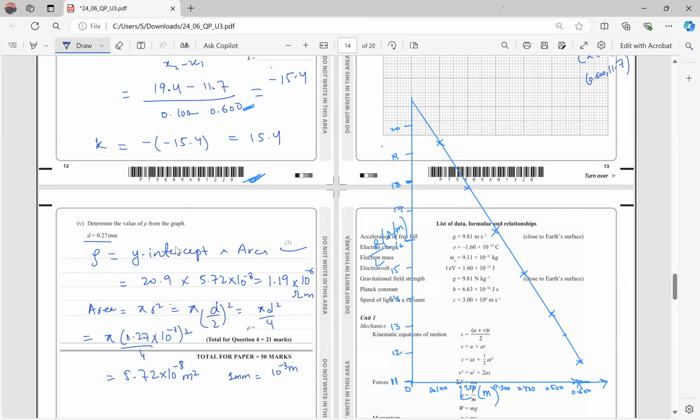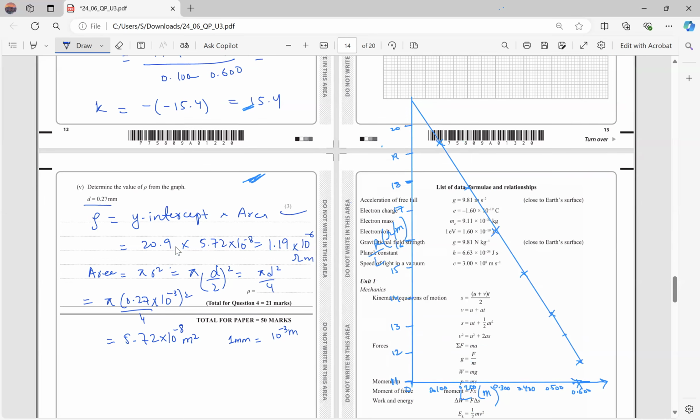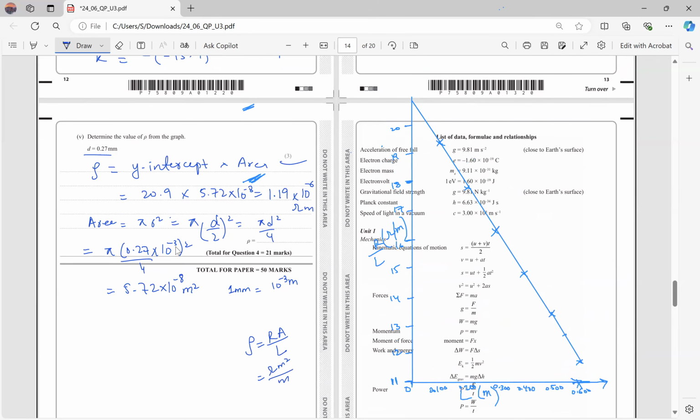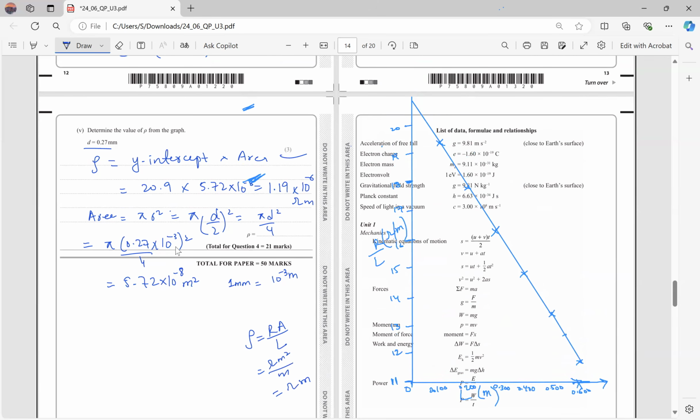Why? Because that's the unit of resistivity. Resistivity's formula is resistance times area over length. So it's ohms meter squared over meter. That simplifies to ohm meter. So the correct unit. So this is the final answer for resistivity.